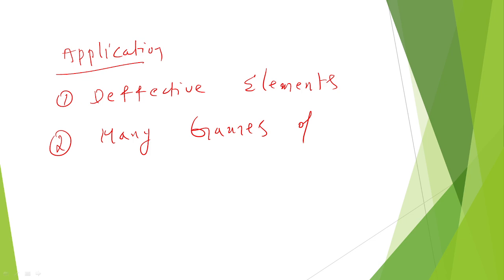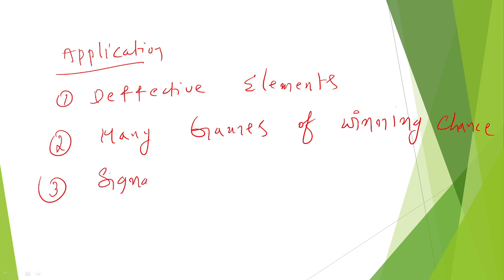For example, in a communication system, how many signals are transmitted. Like this, we have many advantages with the binomial distribution.